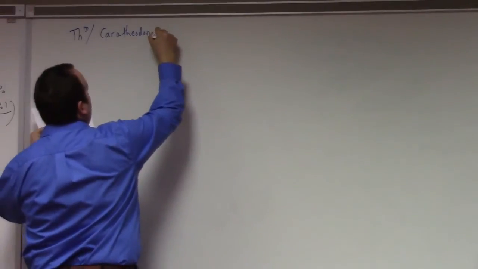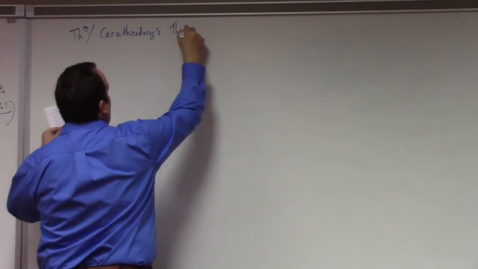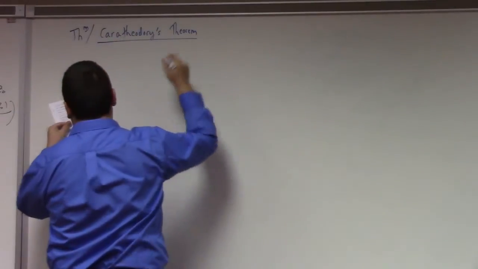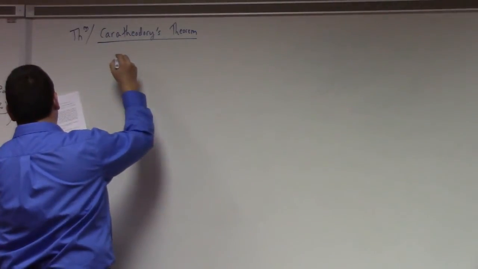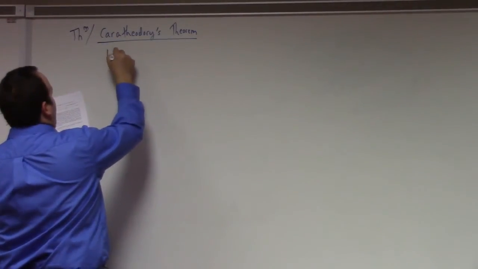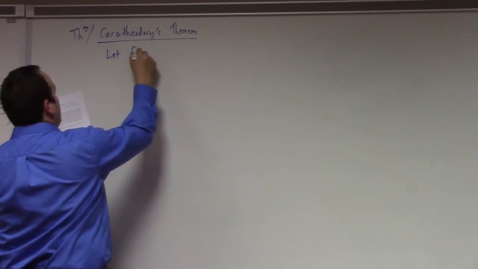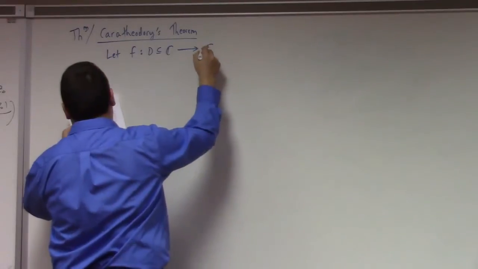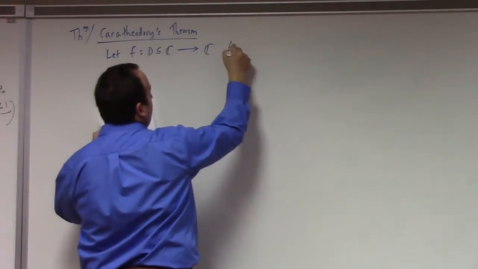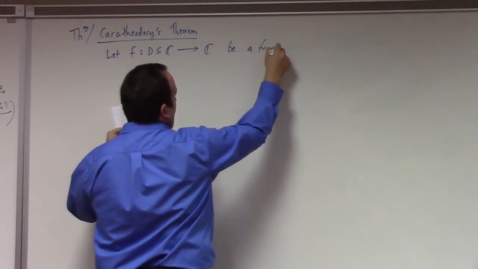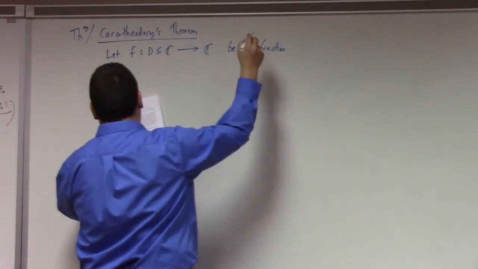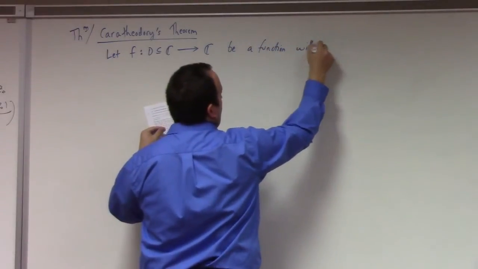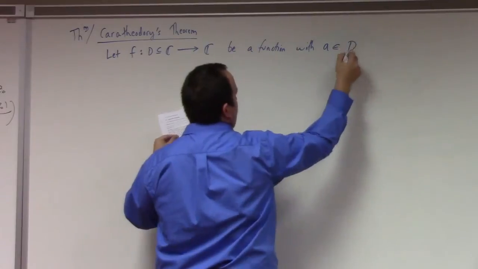Carathéodory's theorem. Here's what it says. Let f from some subset of the complexes to the complexes be a function with A an element of its domain, a limit point.